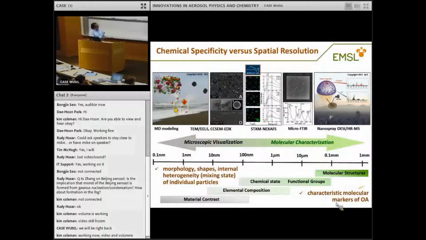As I said, we apply this set of techniques to learn morphology, shapes, internal heterogeneity, and the individual properties of particles, and we characterize the organic material by the application of high-resolution mass spectrometry.